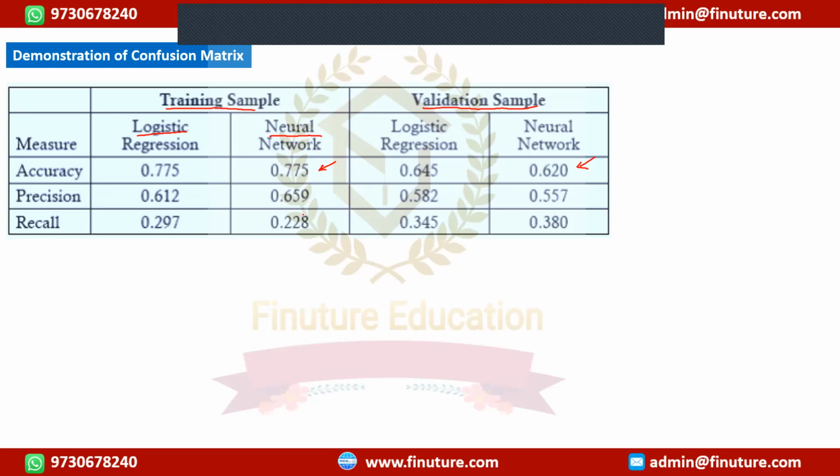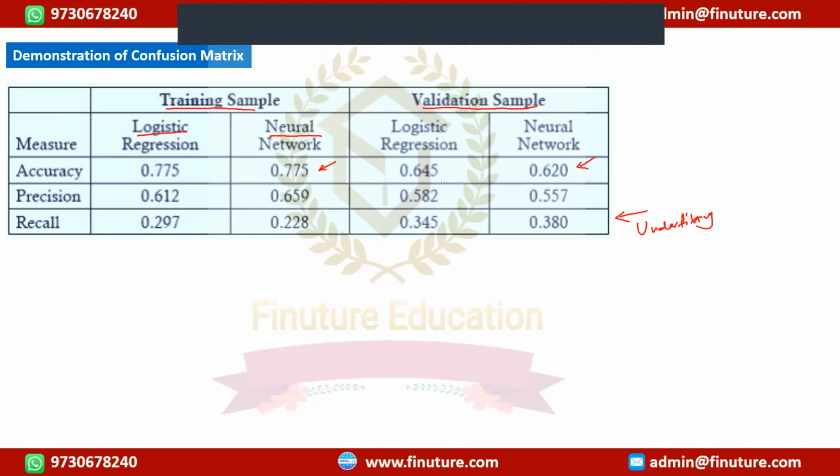In recall, if you notice, it's improving. It was, say, 30 and 23% for trained data, and for validation data, it increased. So over here, I would say there is an issue of underfitting, because for both data it's not that good, but it has gone up for validation data.